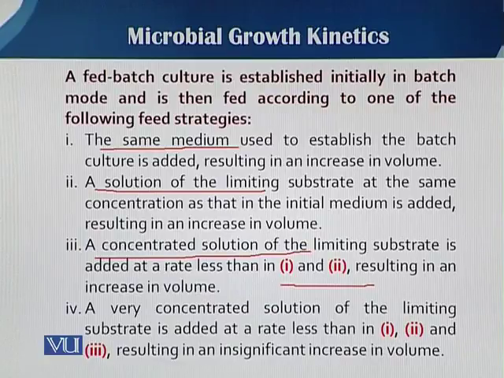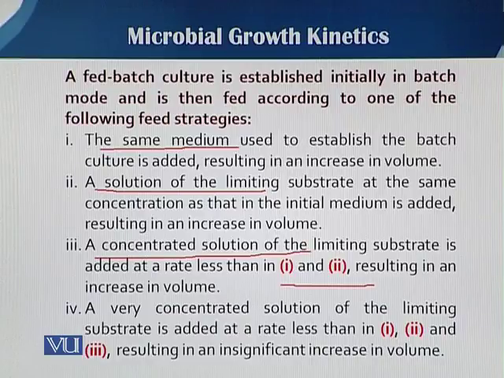The fourth strategy deals only with very highly concentrated addition of the substrate. We can say that we add the substrate in a solid form, but that is very difficult to add during the fermentation process. So we use highly concentrated solutions so that the volume is not affected.